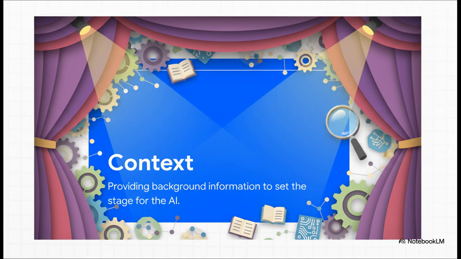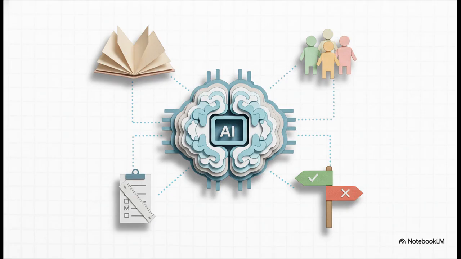You're setting the stage so it knows its role and the rules of the game. And as you can see, you can get really specific here. Good context nails down the subject matter, who the audience is, like is this for an expert or a total beginner, any constraints you have, like a word count, and even key topics you wanted to include or, just as important, avoid. This is how you start steering the AI exactly where you want it to go.